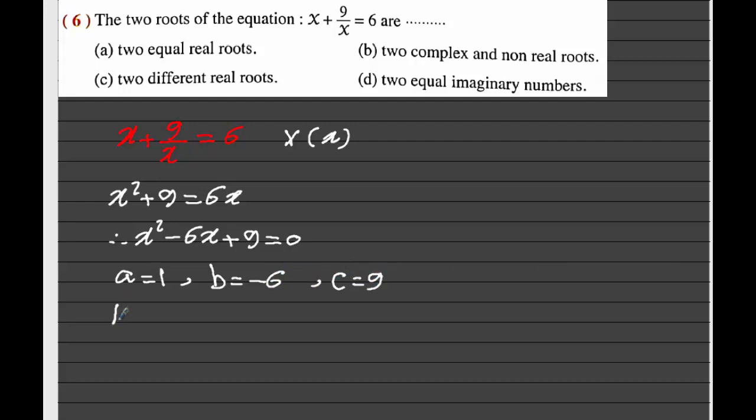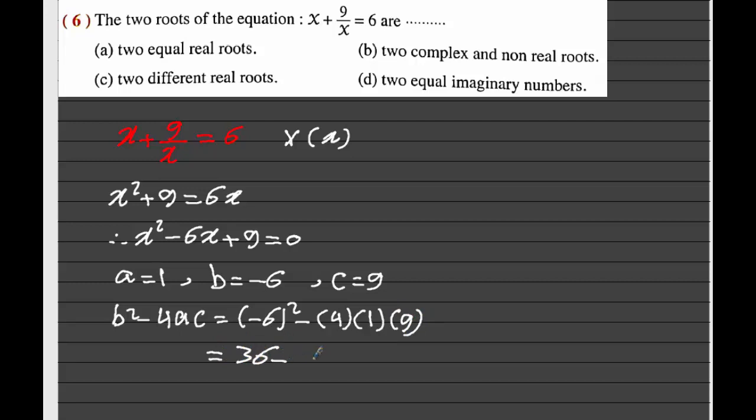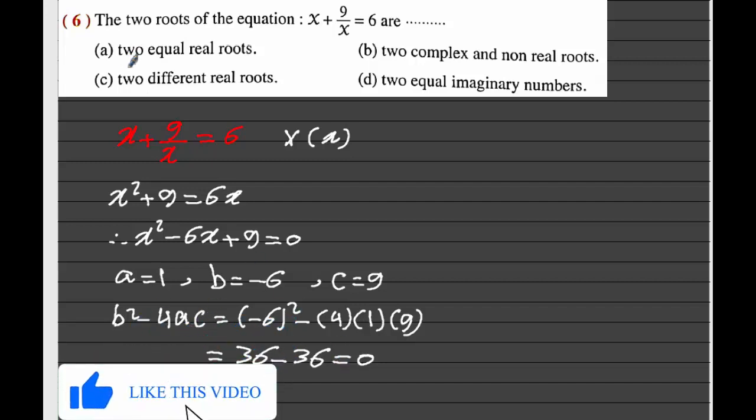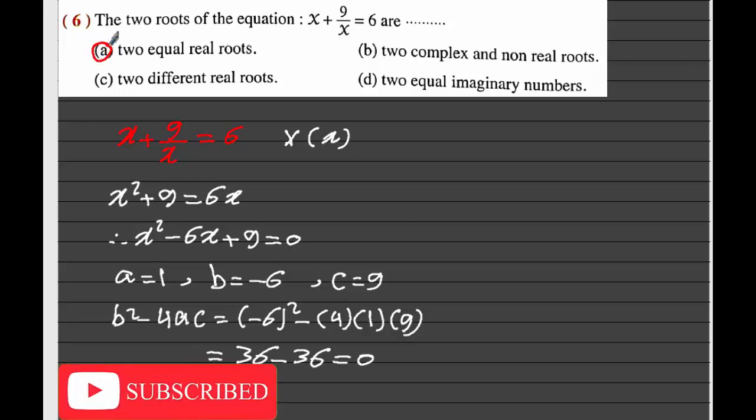The discriminant b squared minus 4ac equals negative 6 all power 2 minus 4 multiply a, which equals 1, multiply c, which equals 9. So we have 36 minus 36 and the result equals 0. So the equation has two equal real roots and we choose letter A.